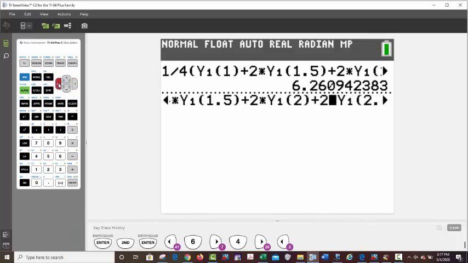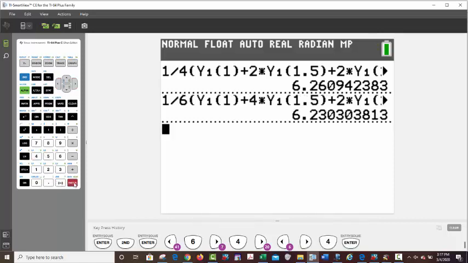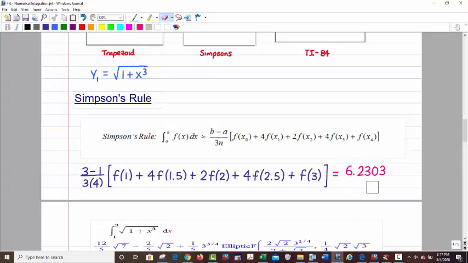And then this one becomes a 4. And that's it. All I have to do is hit enter now. And there it is. 62303. All right. And there it is. That's terrific. And there it is in the box.